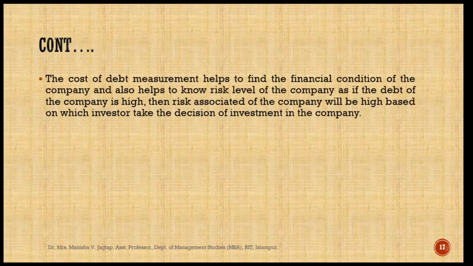The cost of debt measurement thus helps us to find the financial condition of the company and also helps us to know the risk level of the company, as if the debt of the company is high, then the risk associated with the company will be high, based on which investors take the decision of investment in the company.